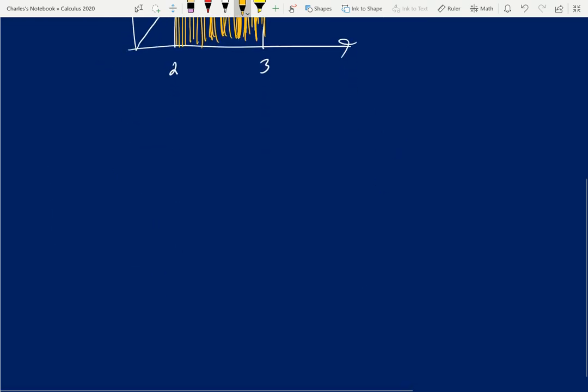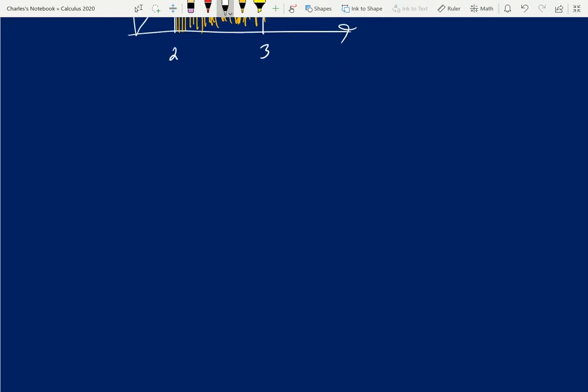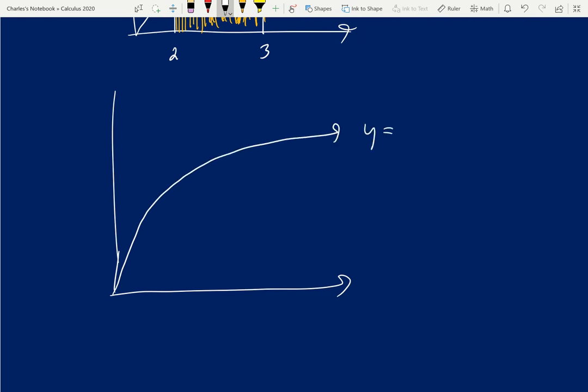And so now what's relevant to think about today is what happens. Let's say I have this function, y is equal to the square root of x. Actually, let's call it f(x).